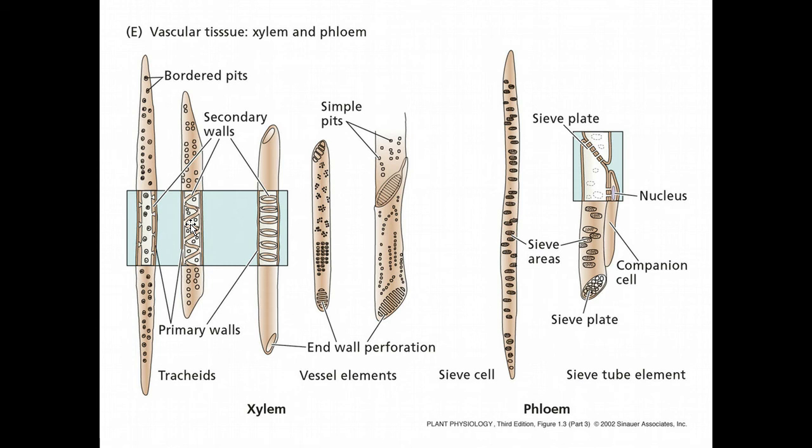They have membranes. And what's more interesting is these large, long sieve cells do not have nuclei. And they count on the companion cell, and here's a shot of the nucleus here, to provide the information to produce organelles, enzymes, this kind of stuff that's required for the phloem to work.